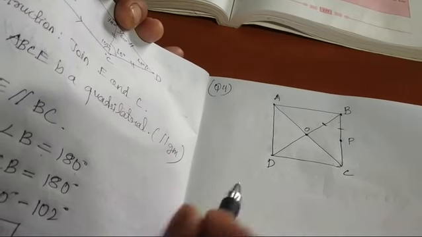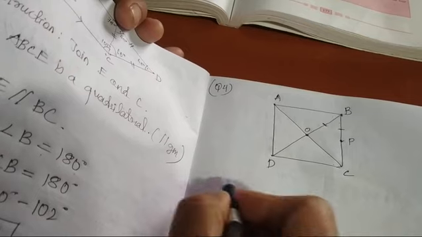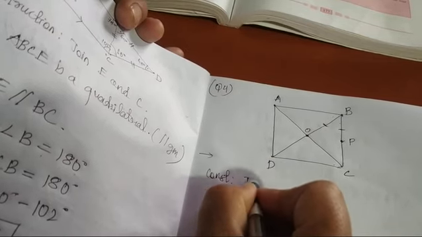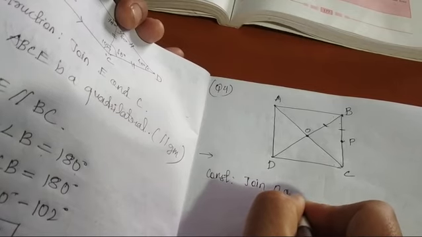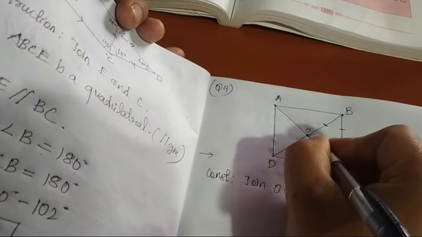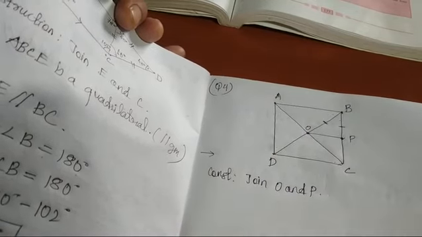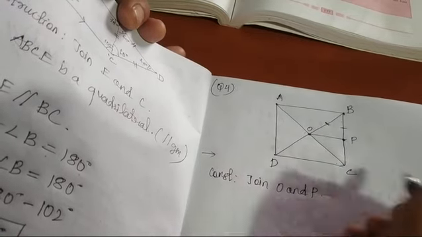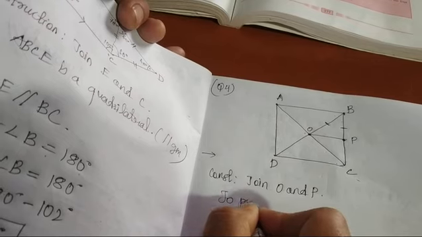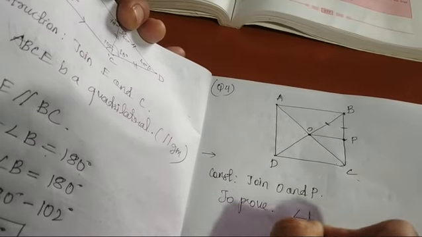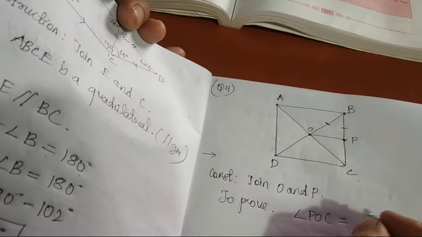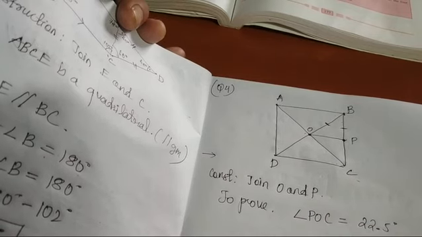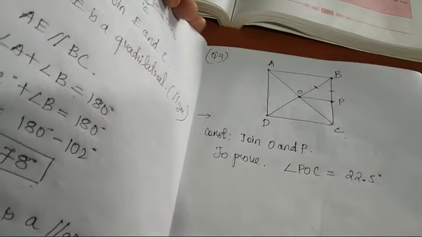So the first construction I'm taking here is join O and P. Join OP. So this OP. I've joined. Now I have to prove that angle POC is equal to 22.5 degrees. So that's 22.5 degrees I have to prove.